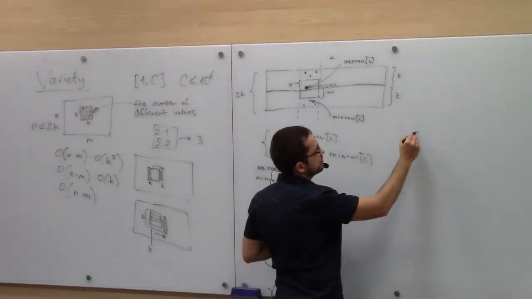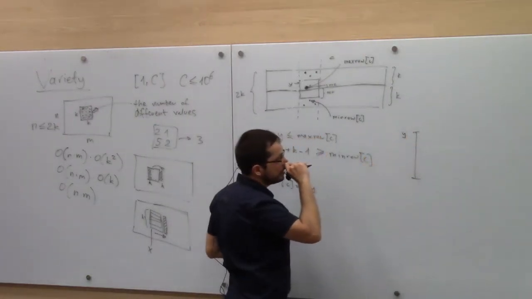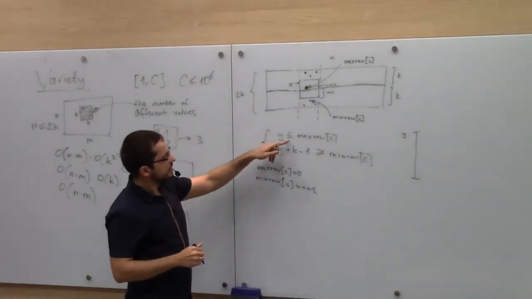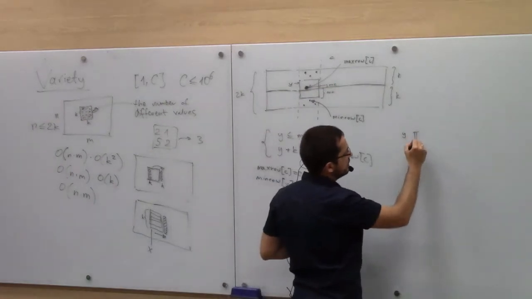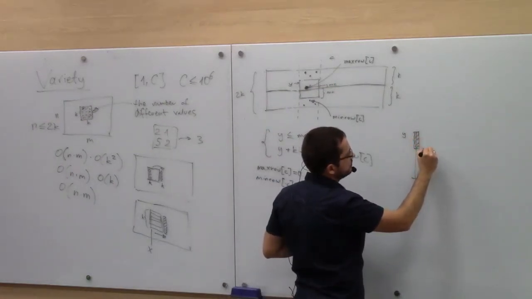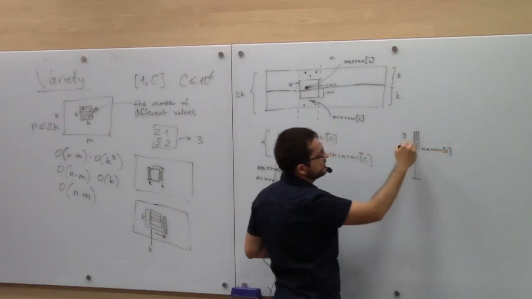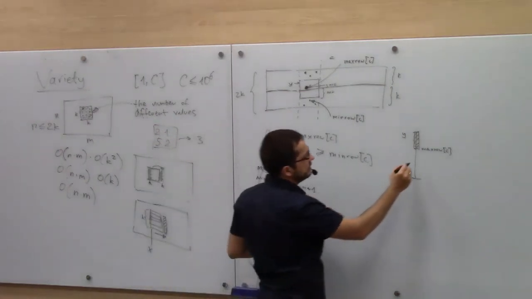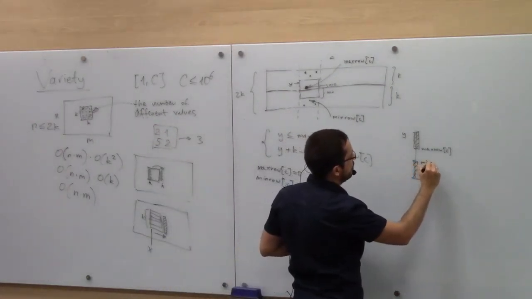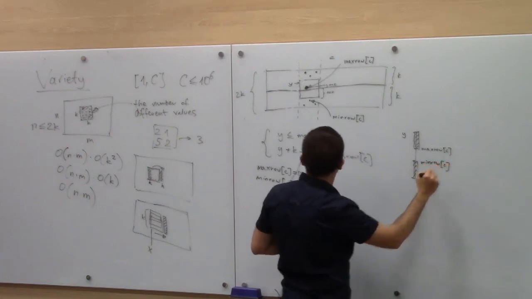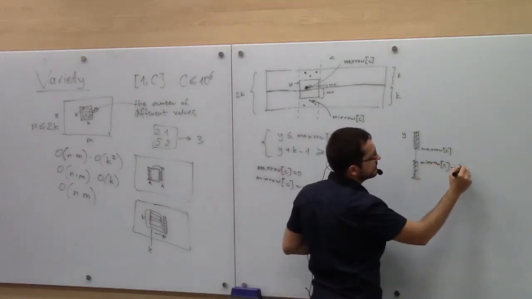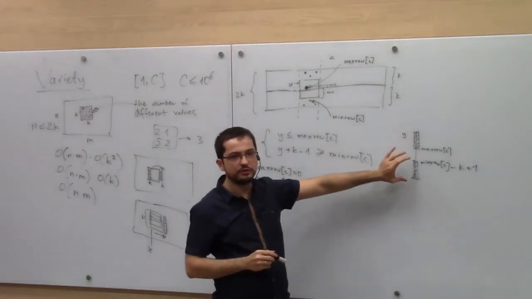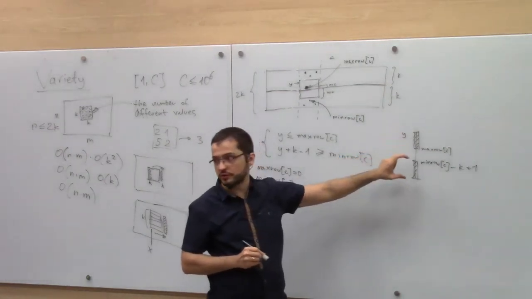If we consider every possible position y for the top side of the square, either i is less than max row C, so y is in this range, or i is greater than min row C minus k plus 1. So we have two ranges of good positions of the square.